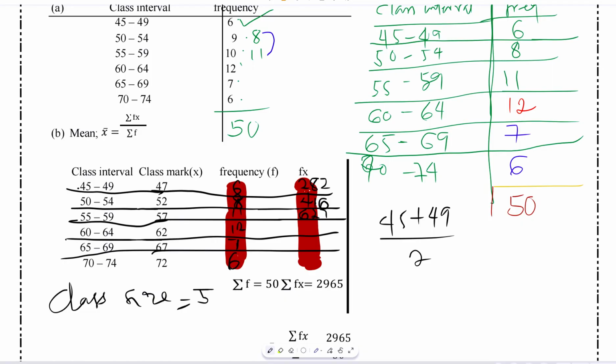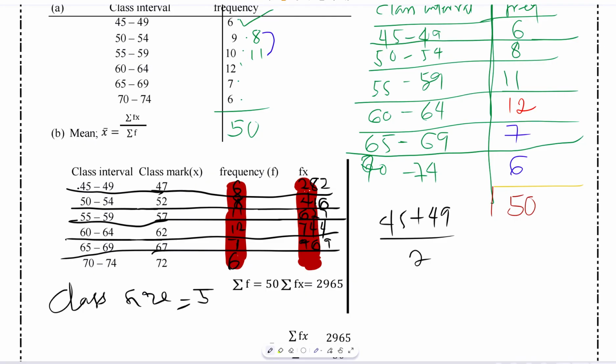Then we have 62 times 12, which is 744. And then we have 67 times 7, which is 469.